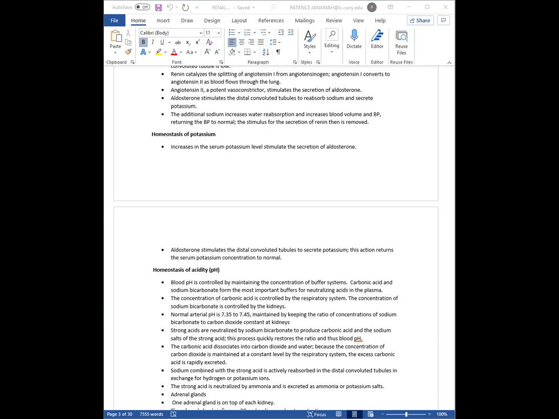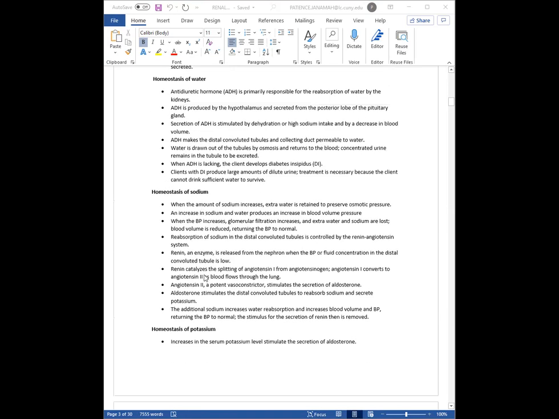So the enzyme that is supposed to regulate the blood pressure and the hormone, that is the renin, is supposed to start all the process, to notify angiotensinogen that it is time to secrete and it is time to convert angiotensin 1 to angiotensin 2 as blood flows through the lungs.